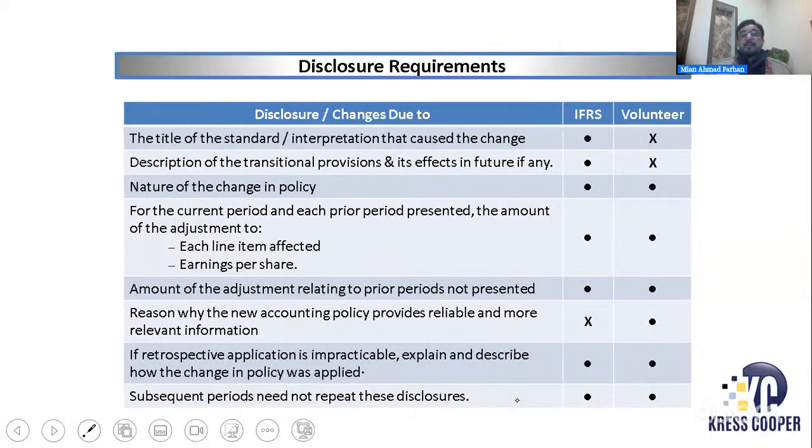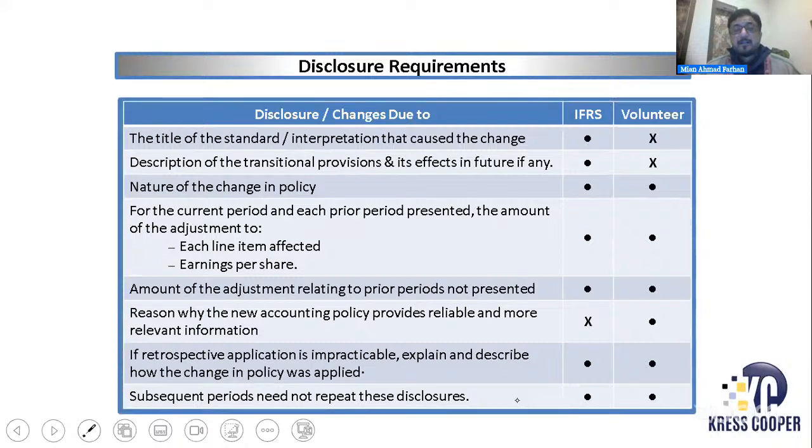Well, there are certain disclosures which we need to put in our notes. It is designed in a way that the first column is if the policy change is based on the new standard or a change in the standard, in which case I told you that there would be a transitional provision, or the second column is if the change is happening voluntarily, like from FIFO to weighted average or from cost to the revaluation model.